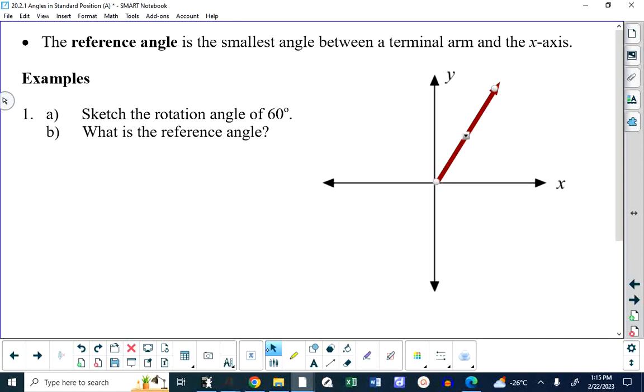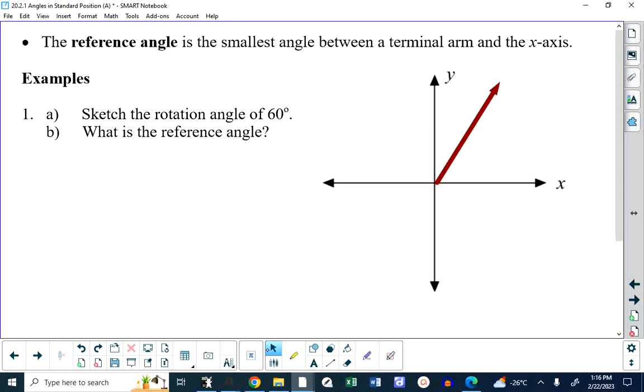You don't need to draw the initial arm, but you do need to draw the terminal arm. If you have a protractor, you can actually measure it. It doesn't really matter, but I'm eyeballing that 60 degrees, and we will need to become more familiar with these common angles tomorrow. 60 degrees is 2/3 of 90.